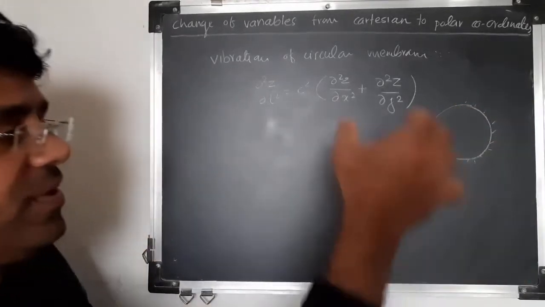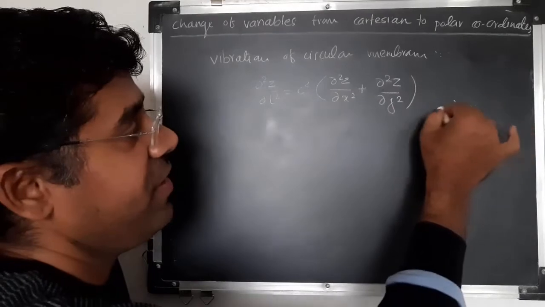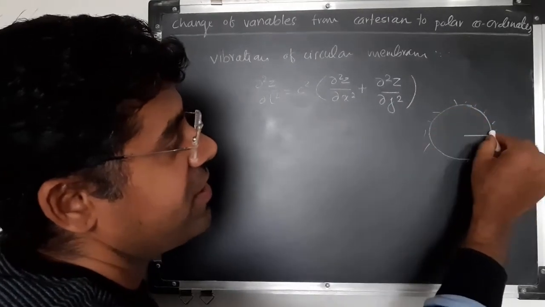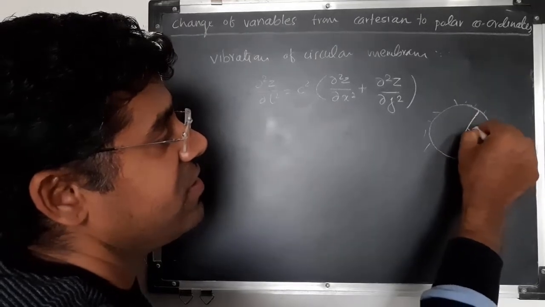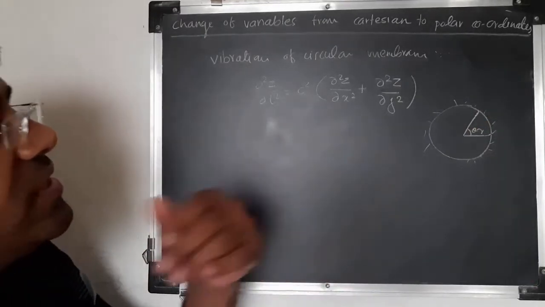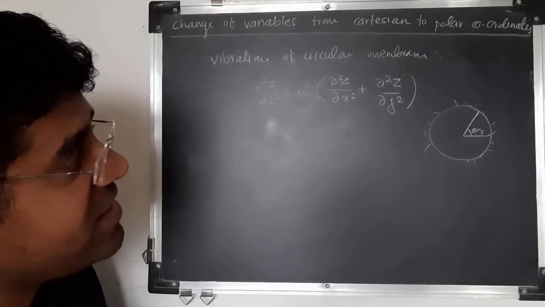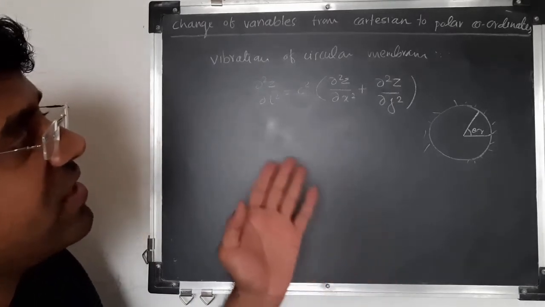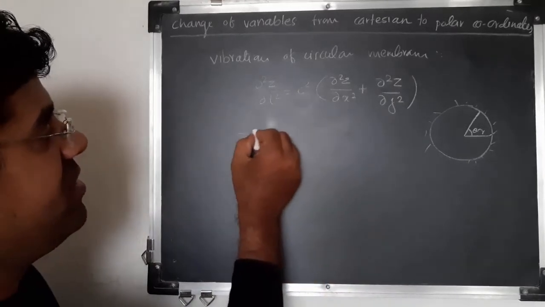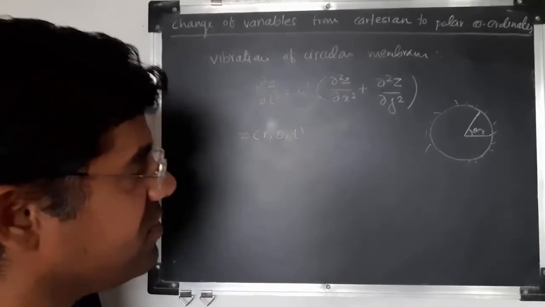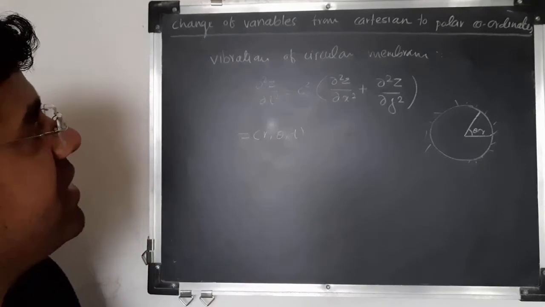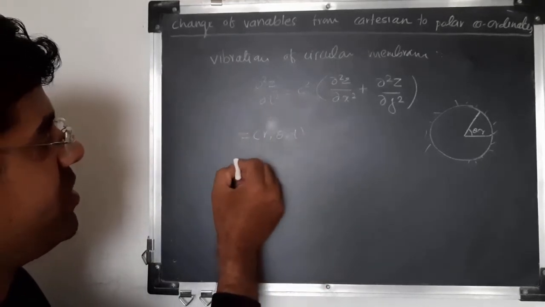Consider one pipe, and over that you attach a membrane. The radius r is fixed, and there is one particular angle you have to consider. So suppose I consider the cylindrical system, the coordinates are: z is a function of r, theta, and t.